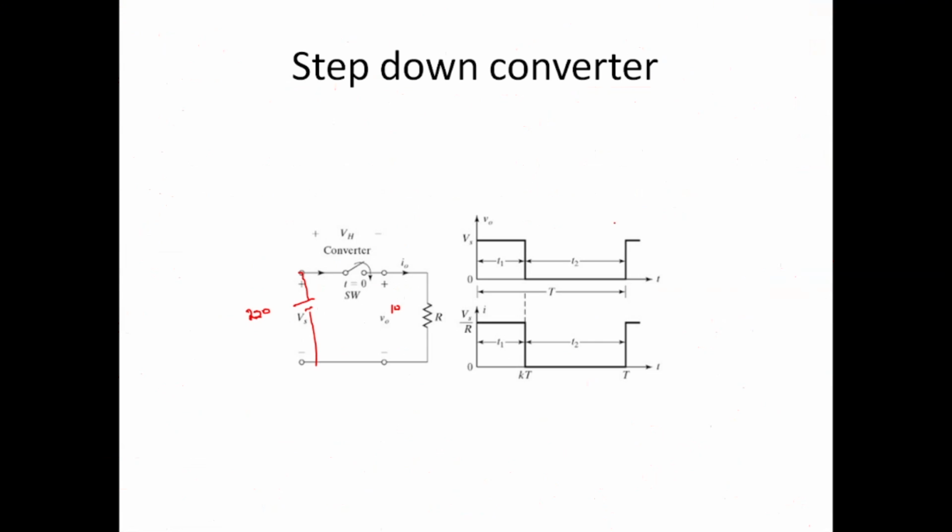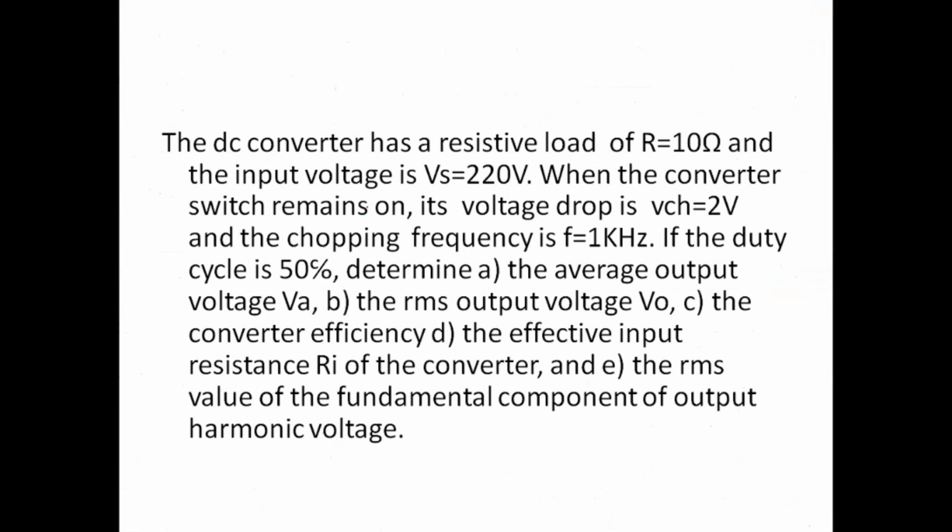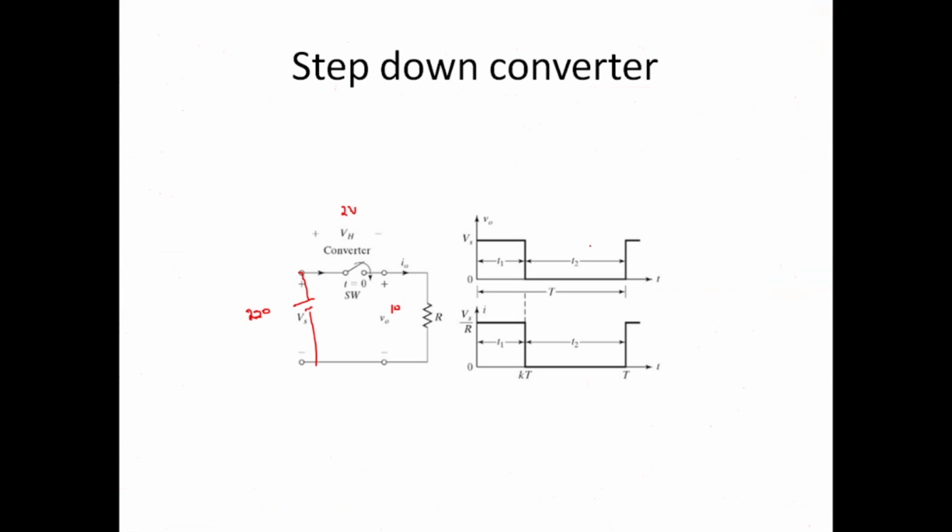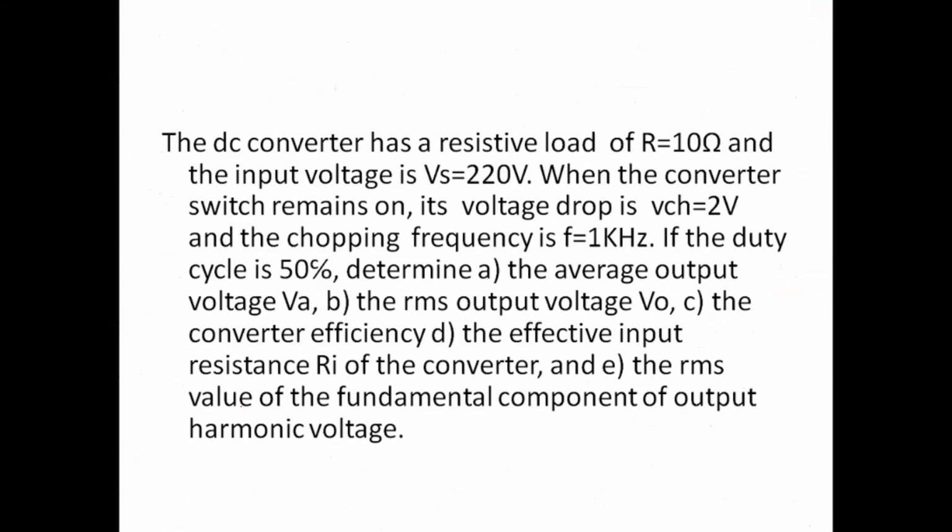So when the switch is on, it is not an ideal switch, so there is a drop of 2 volts. The chopping frequency or switching frequency F is 1 kilohertz.